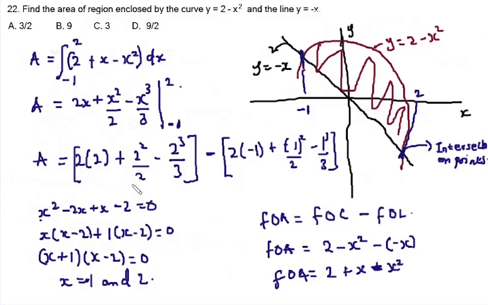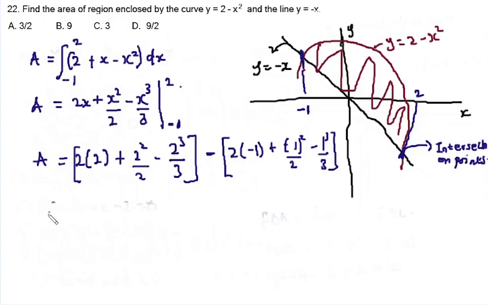Okay, let's clean up space. So from here you have the area to be equal to 2 times 2 is 4 plus 2 can cancel out 2 here, so we have 2 minus 2 cube is 8 over 3.